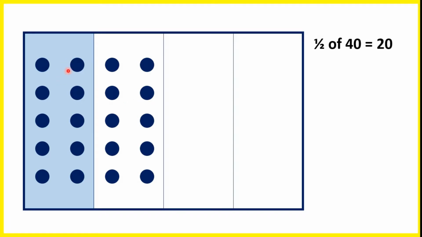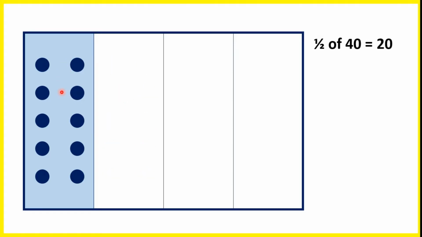If we take half of those 20 circles, half of 20 is 10. But notice our fraction bar is now showing 1/4 shaded. Remember, we had 40 at the start altogether, so 1/4 of 40 is also 10. So you can find a quarter by halving and then halving again.